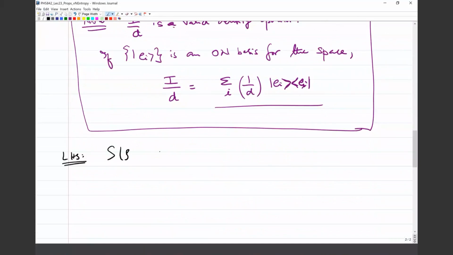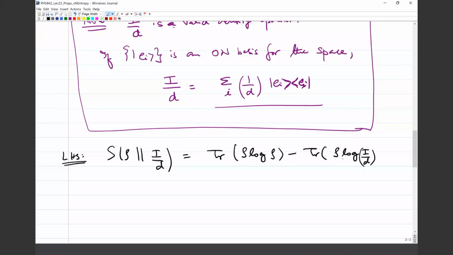The relative entropy between rho and I by d is nothing but trace rho log rho minus trace rho log I by d. So the first term there is obviously just the entropy S of rho itself.